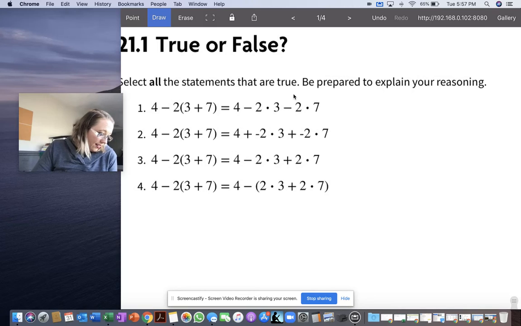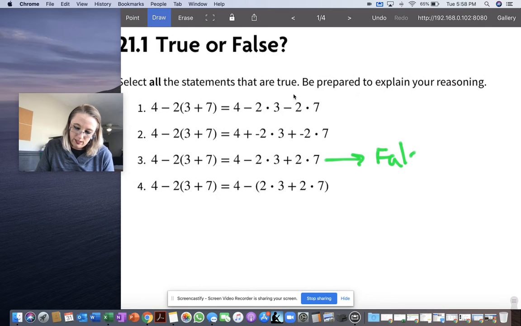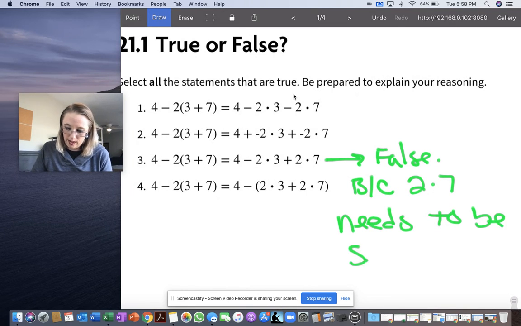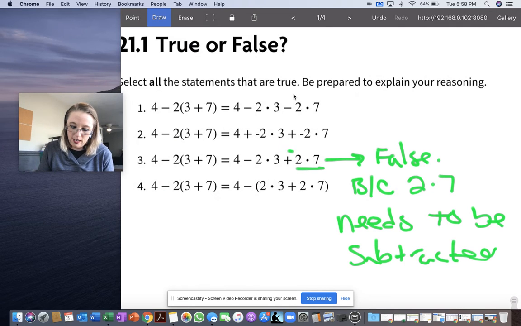Number 3 is false because the 2 times 7 needs to be subtracted. Okay, so this needed to be subtraction, not addition. Okay?